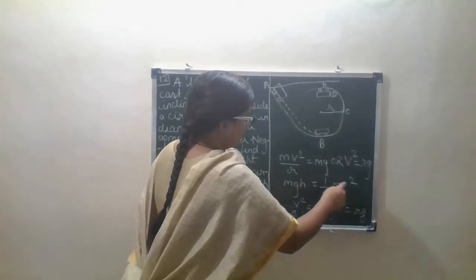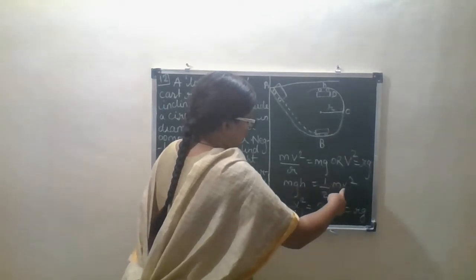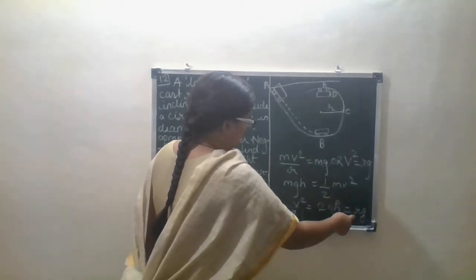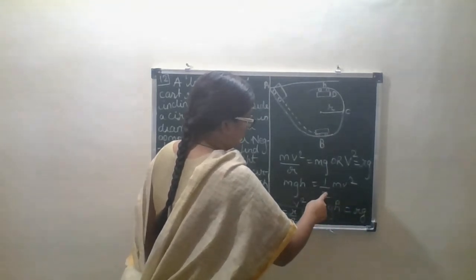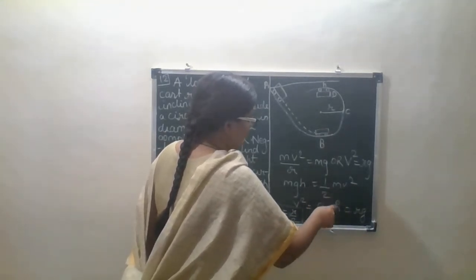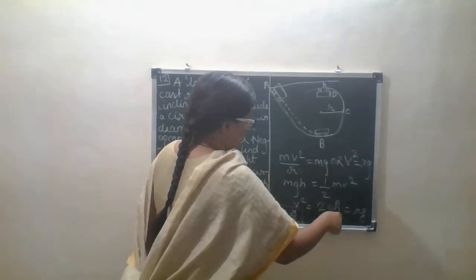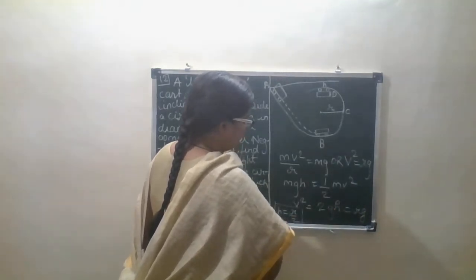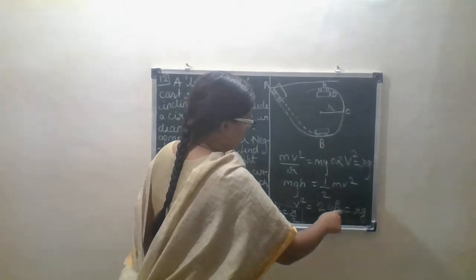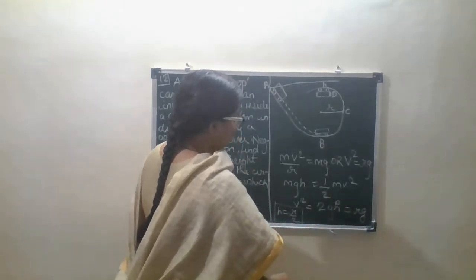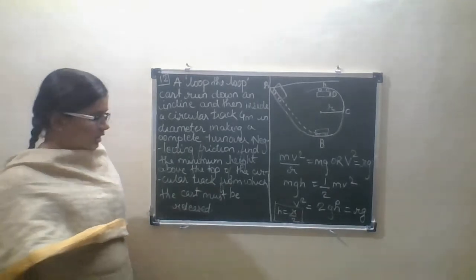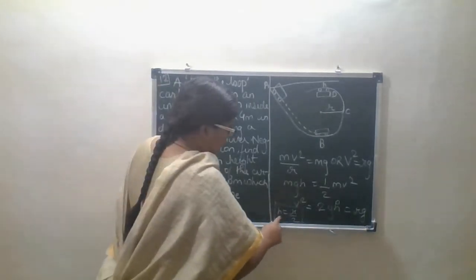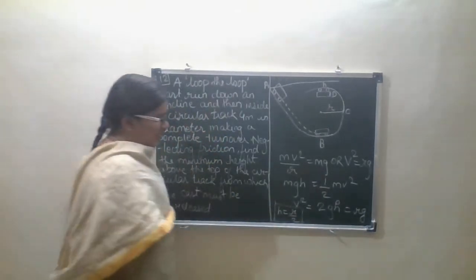So this v square value is substituted here. Then we get rg equal to 1 by 2 into twice gh. This will be equal to h by 2, because this g and this g will be getting cancelled, and then we will get h is equal to r by 2.